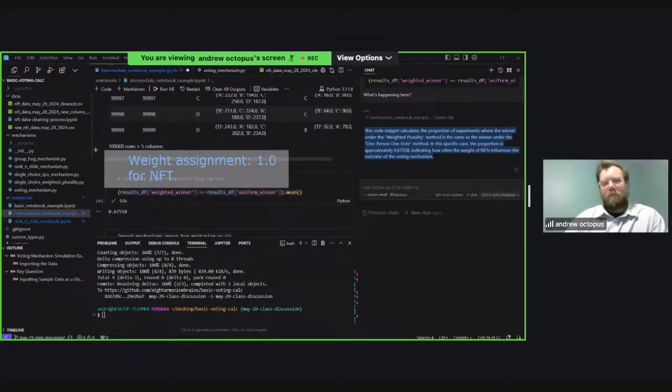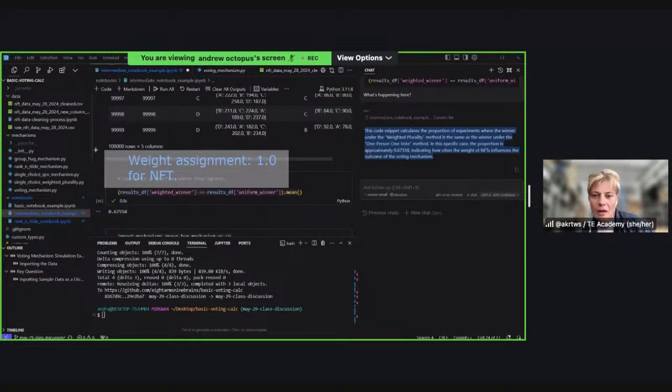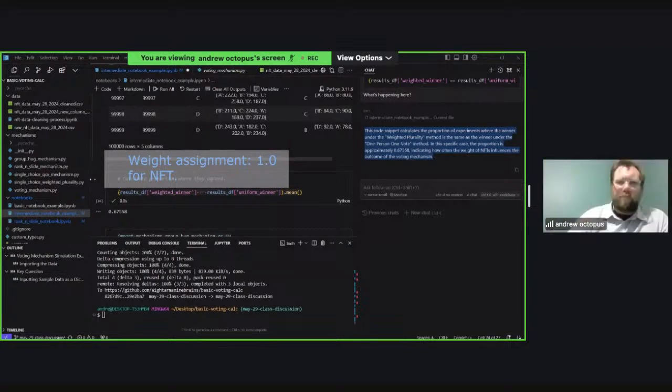Because this is only a number in the first place, and I would say this weight assignment seemed to be not enough to differentiate, because we still have 0.67 equal, so the proportion of experiments where the winner is the same. So the weights seem to not differentiate enough.